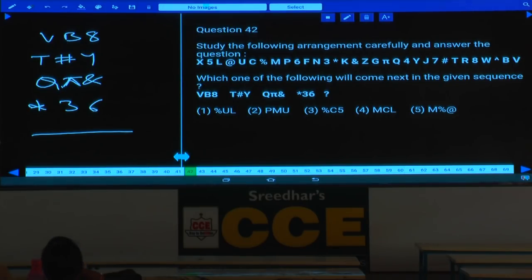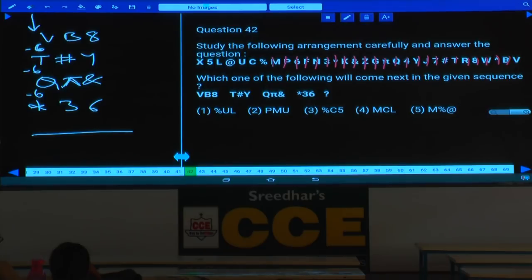V and T: 1, 2, 3, 4, 5, 6, minus 6, we are going backwards, hence we are taking it as minus. T and Q: 1, 2, 3, 4, 5, 6, again minus 6. Q and star: 1, 2, 3, 4, 5, 6, minus 6 again. Now 6 is common here, we are going backwards, again 1, 2, 3, 4, 5 and 6.